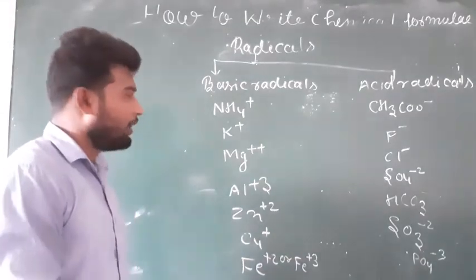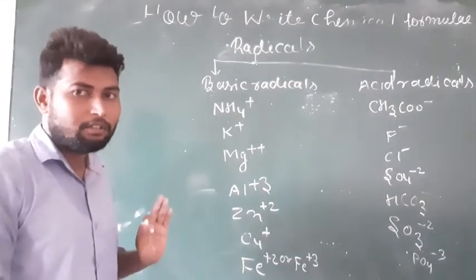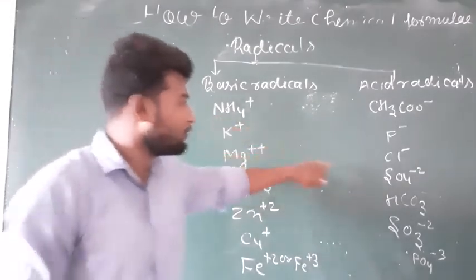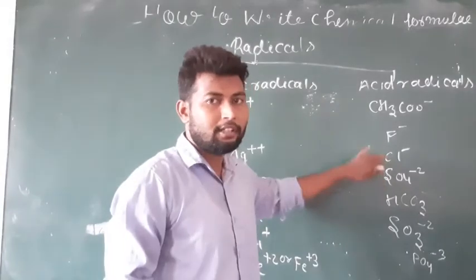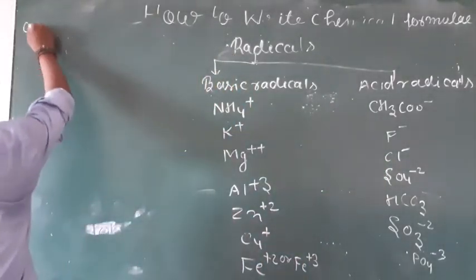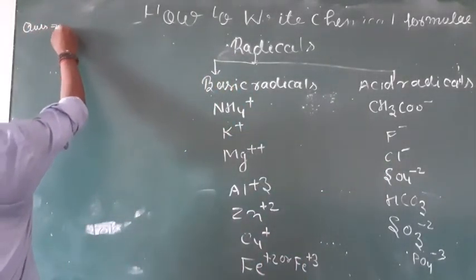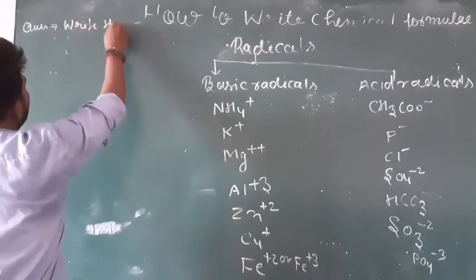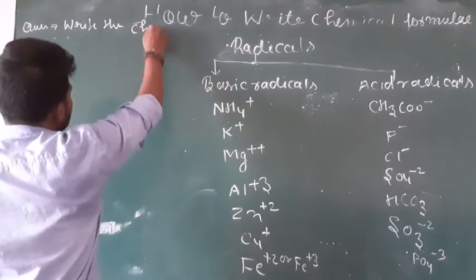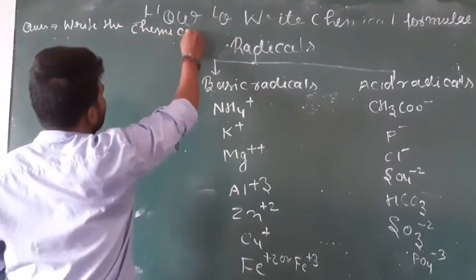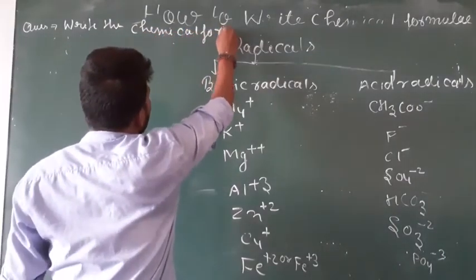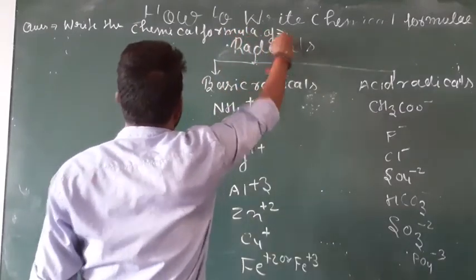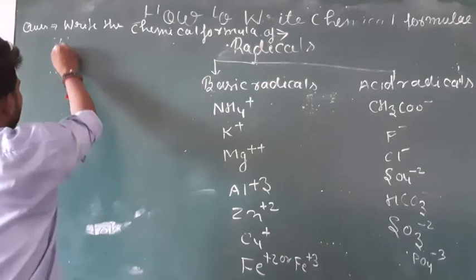We are going to follow the rules. Suppose you want to make a compound with ammonium and chloride. Clear? Suppose your question is: write the chemical formula of ammonium chloride.